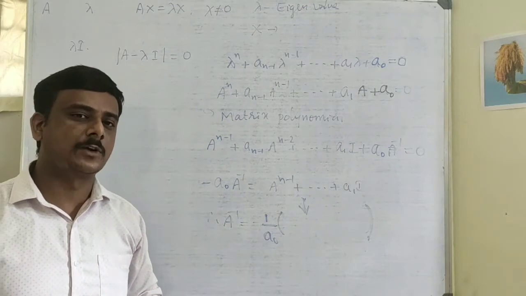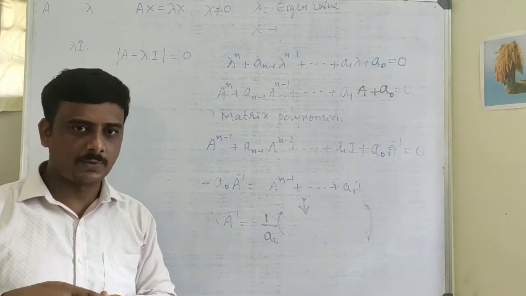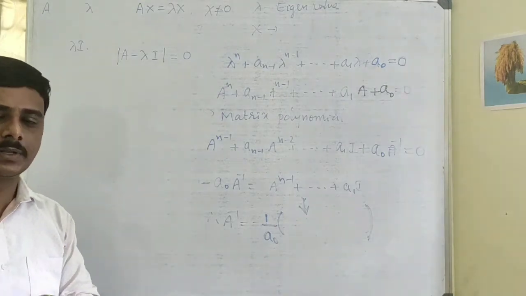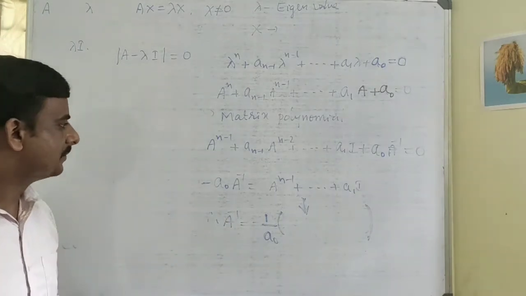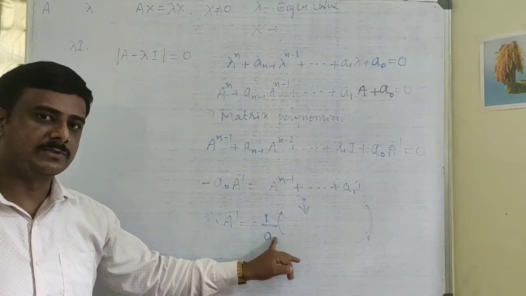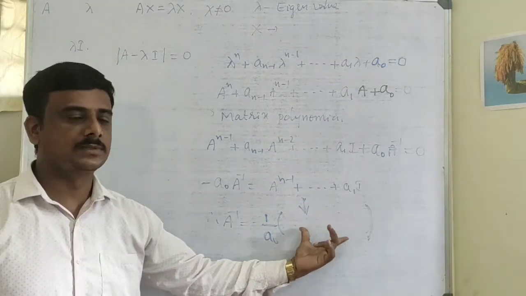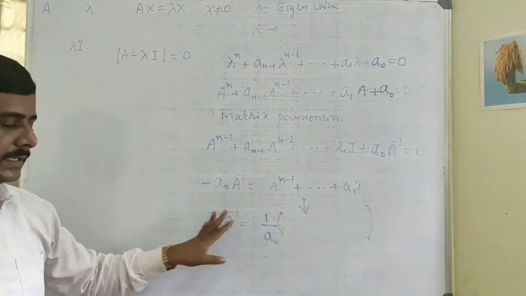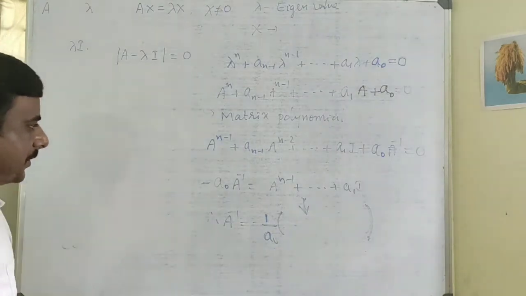Usually you will be given an order 3 cross 3 matrix. So the only thing is you have to compute A square, A and identity matrix. A square you have to compute, A and identity matrix are obvious. That you can write directly. Then substitute for that and finally A inverse will be minus 1 divided by the constant term times this term. So this you can do on your own. Hope that will be easy for you.